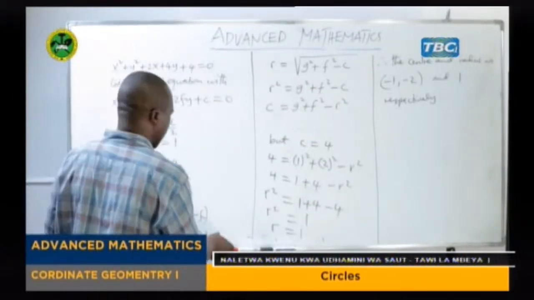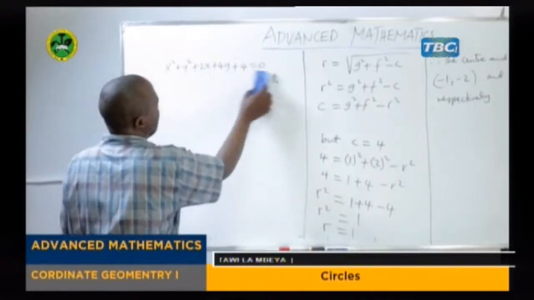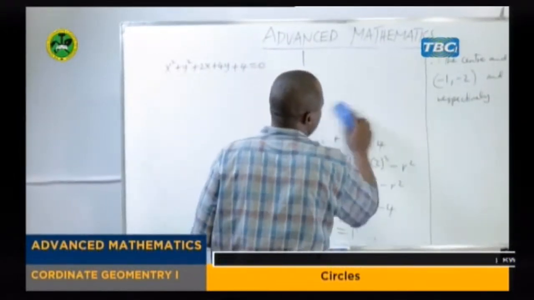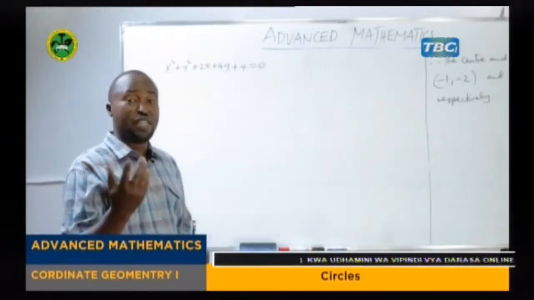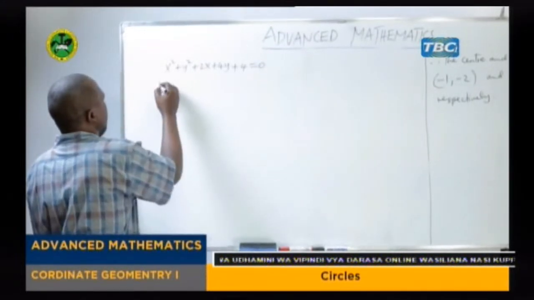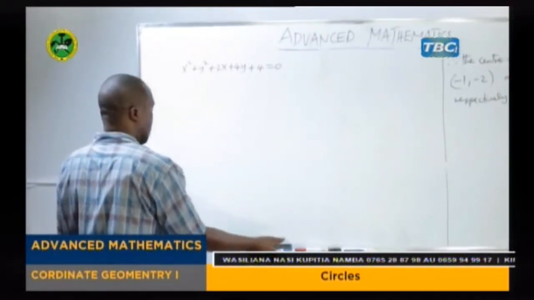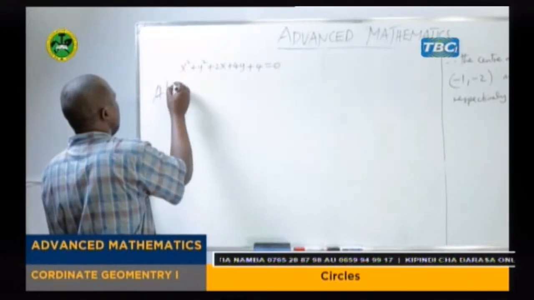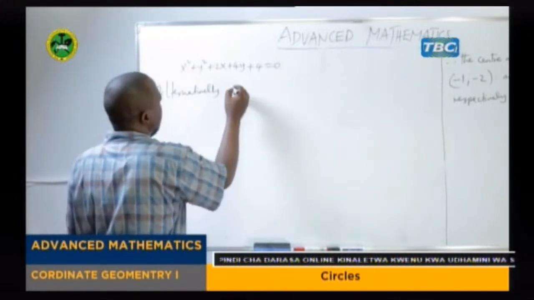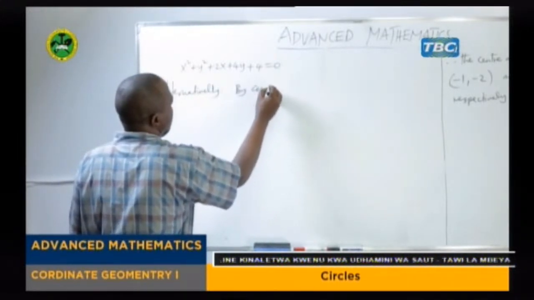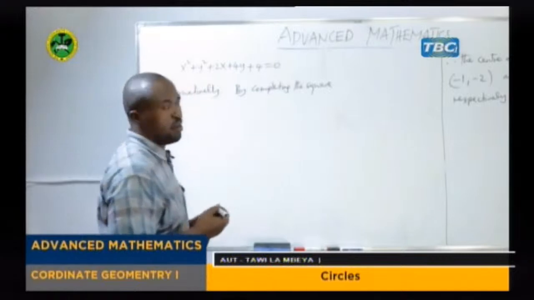So here let us have an alternative way of finding the center and the radius of that equation, that is by the completing the square method.